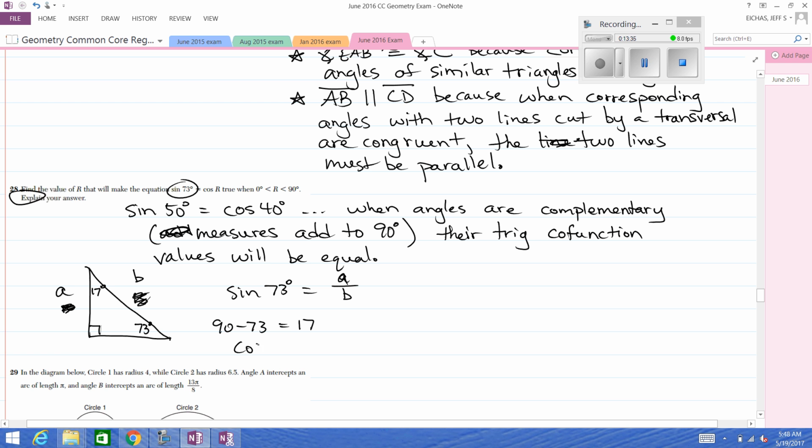The cosine of 17 is also A over B. So that is a little bit better proof right there that these are going to work out that way. So probably for my work, I'm going to say R plus 73 is 90.